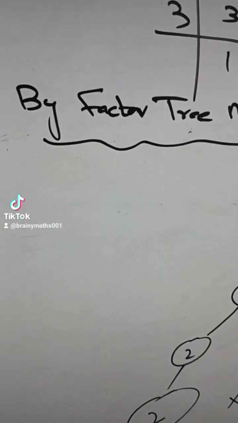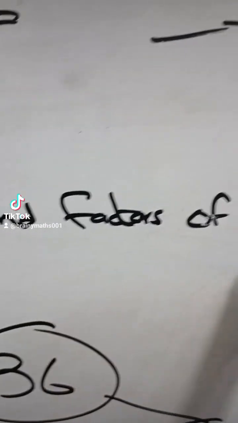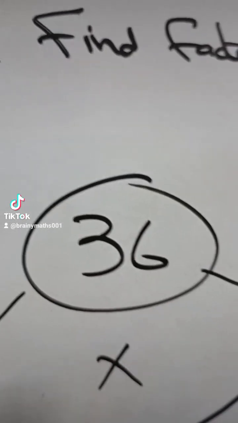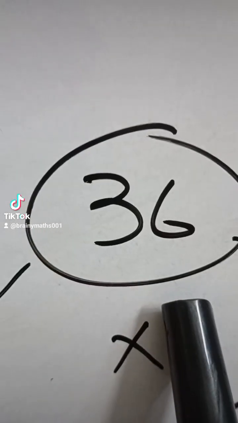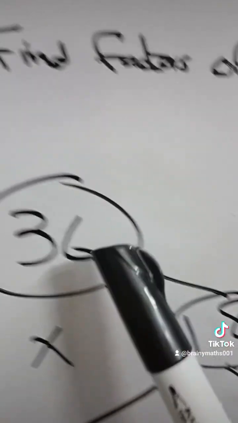Now we move to the next method, the factor tree method. Again the same question: find the prime factors of 36. Let's begin. 36. As you know, it's a composite number, so we have to start from 2 again. 2 ones are 2, 2 eights are 16.